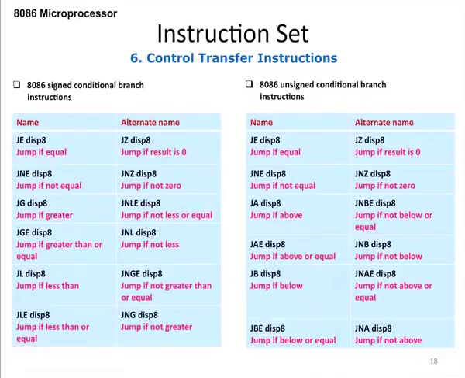Then we have JE, JNE, JA, JB and JBE. Now these are the short forms, and we can have their full forms, like JE means jump if equal, JNE means jump if not equal, JG means jump if greater than, and so on.